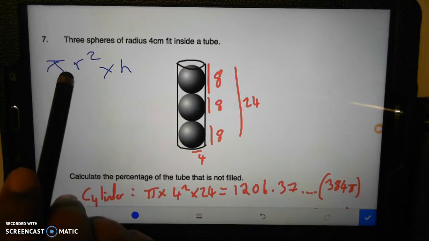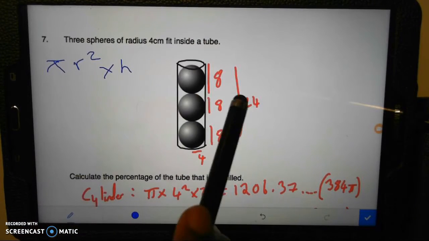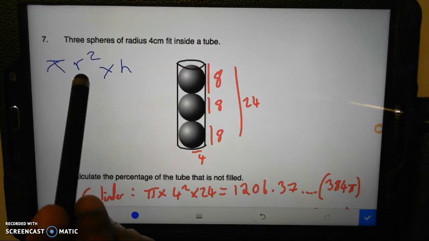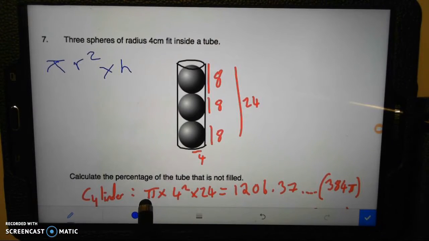So in our case, we know that the radius is 4 and we know that the height is 24. So using this formula and plugging these numbers in, I get this information here. So pi times 4 squared times 24.